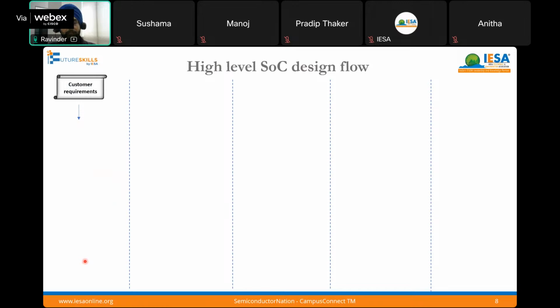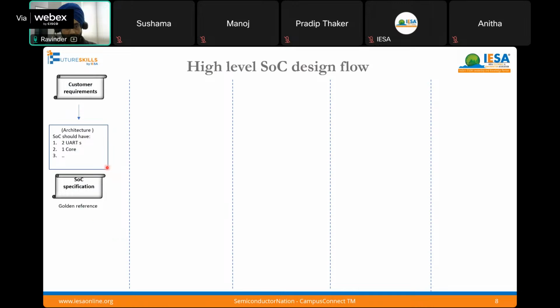This slide gives the high-level SoC design flow. Just to recap, things start with customer requirements. The customer gives a requirement of a particular application, that I need an SoC for this and this application. The architecture team maps these customer requirements into a particular architecture that can be implemented and will satisfy all the customer requirements.